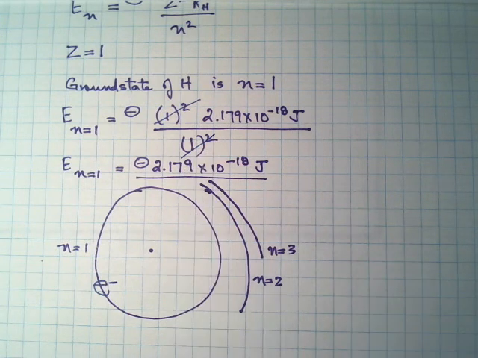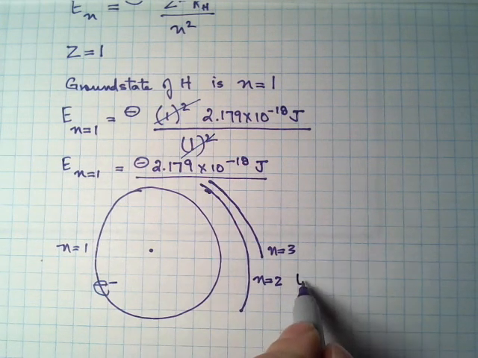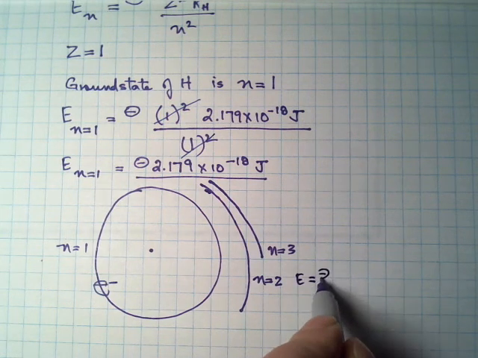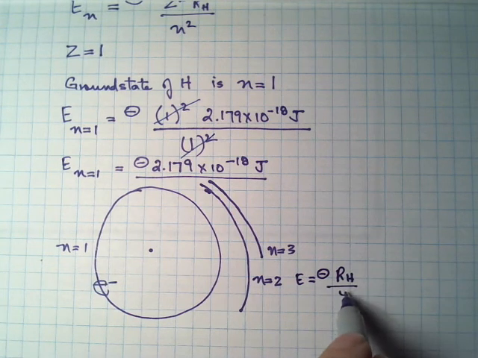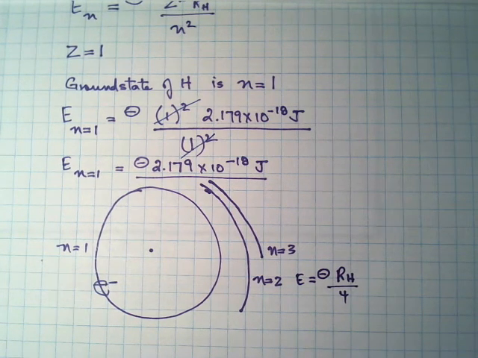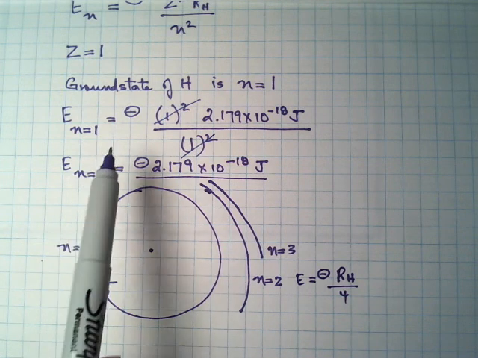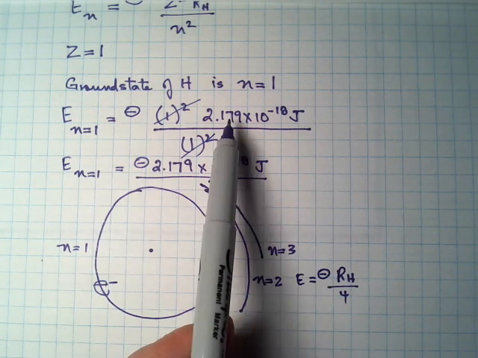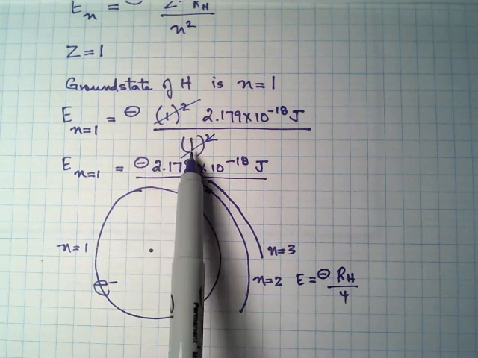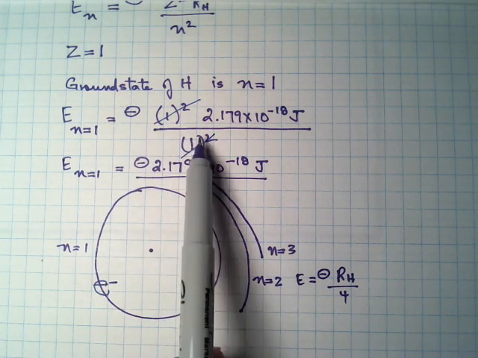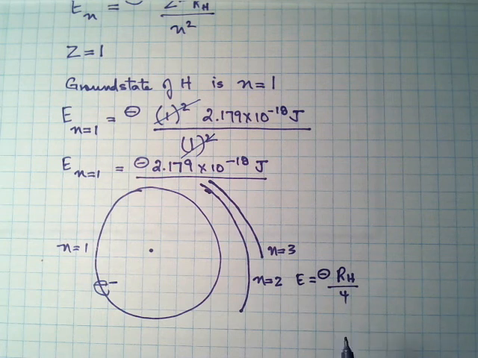So do you see how at the second level my energy is going to be equal to minus RH over 4, isn't it? It's a quarter of the RH value. Do you see why? Because RH is here, my negative sign's there, Z is 1, but n is 2, so I have a denominator of 2 squared, or 4, right?